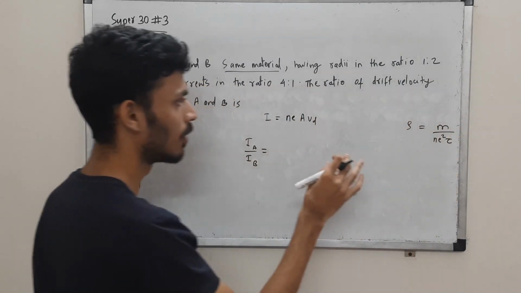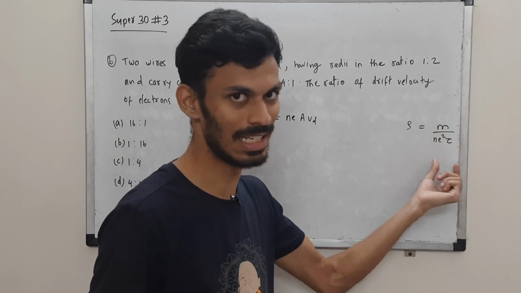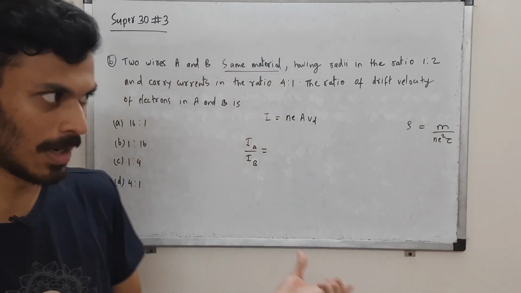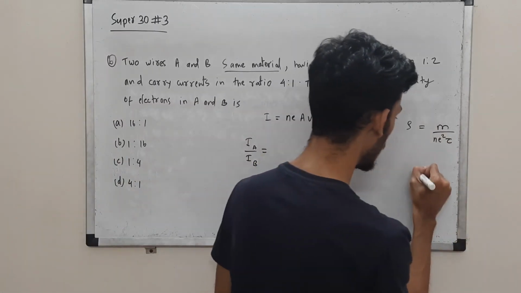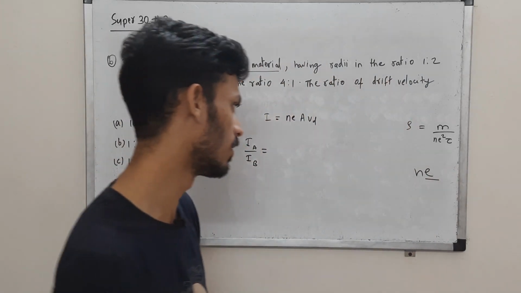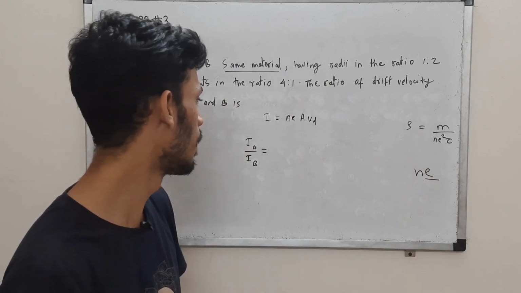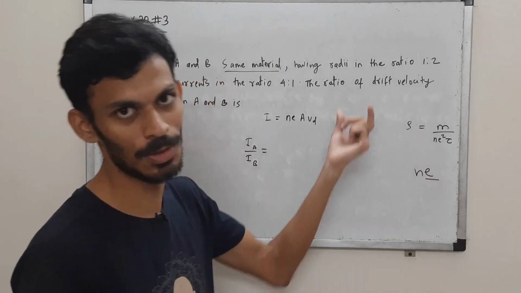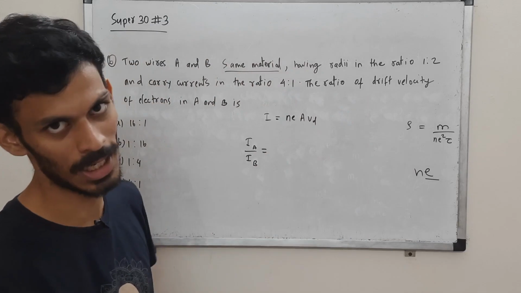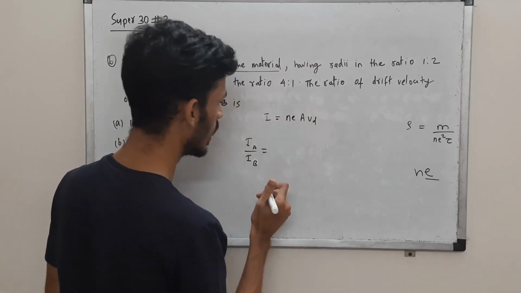From here you can see for the same material resistivity is the same, so ne does not change. e is the charge on the electron, which is a fixed value. n is the density, or the number of electrons, so that will not change if you don't change the material. Free electrons will remain the same, so ne will get cancelled.